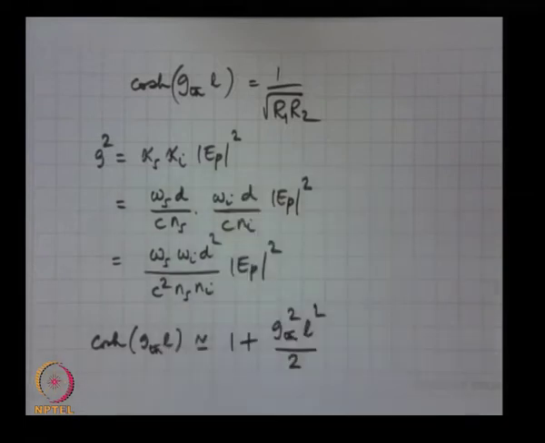So I can substitute this into this equation for the threshold and get an approximate equation for G threshold because R1 and R2 are close to 1.